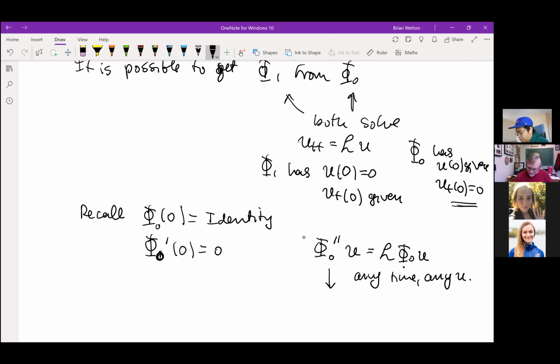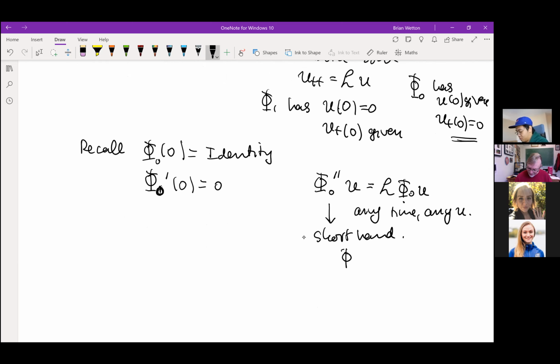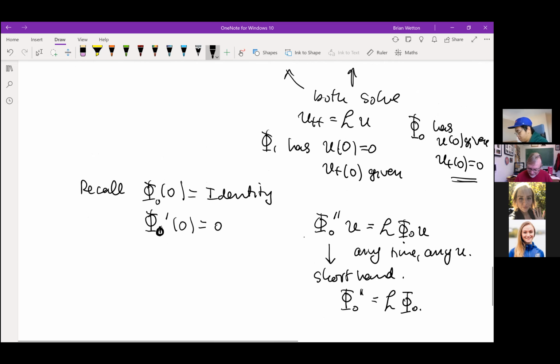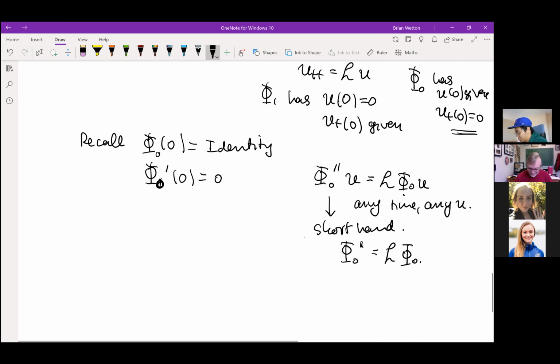And we could write this shorthand: the operators phi0 double prime and L times phi0 are the same. If you want to put in the U everywhere, you can do that, right? So my claim is, once you've got this one, you can get the phi1, whose properties we wrote out just a few pages ago, okay?